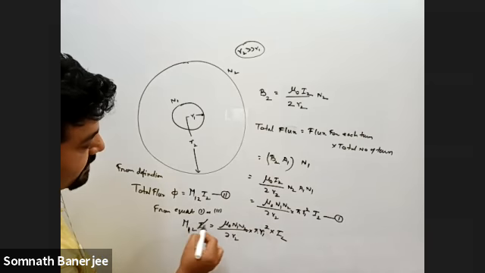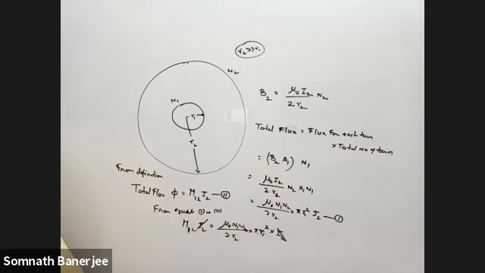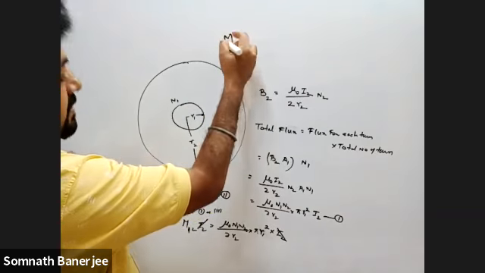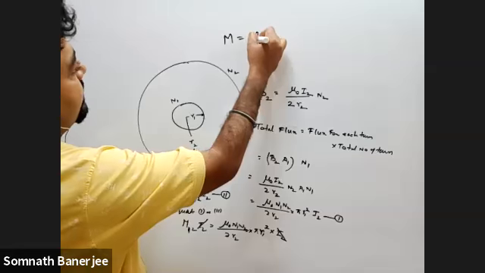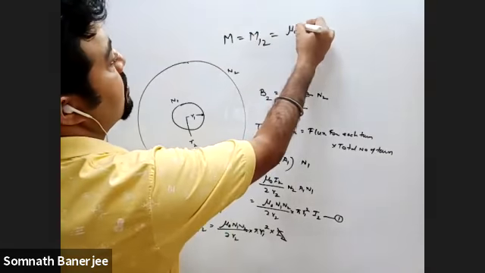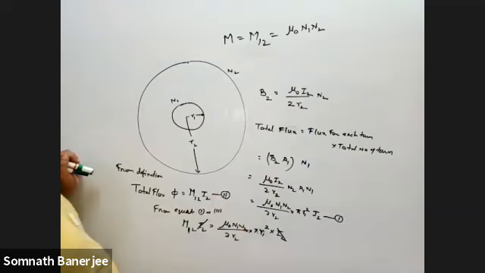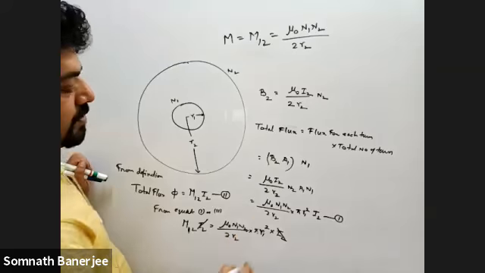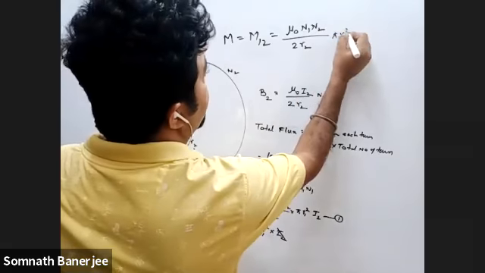So we cancel this I2. So basically it does not depend on the current. So the mutual induction at 1 due to 2 is mu naught N1 by 2R2 into pi R1 square.